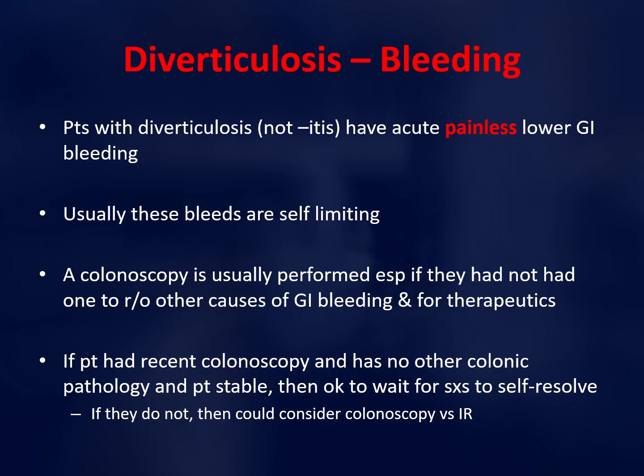If they do not resolve, then we could consider colonoscopy to try to identify the diverticulum that is bleeding to treat it, versus we can go directly to interventional radiology in case of ongoing bleed and unstable patient.